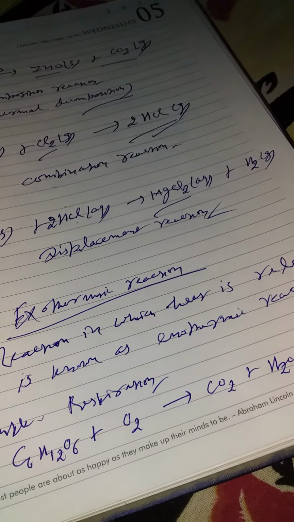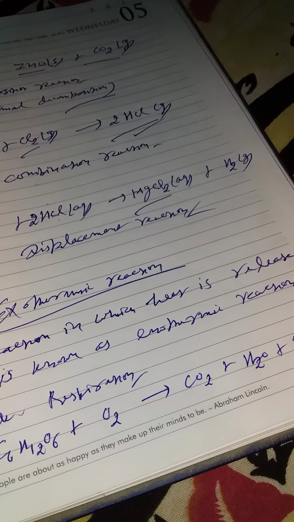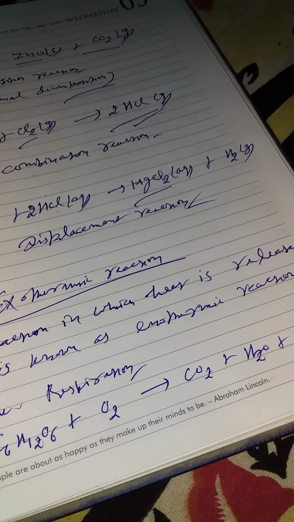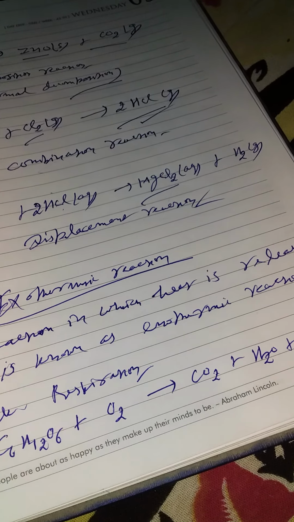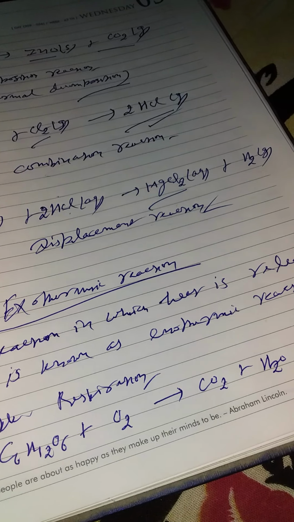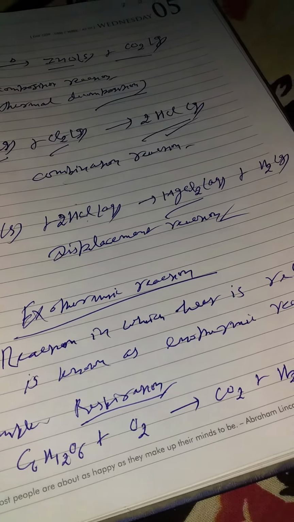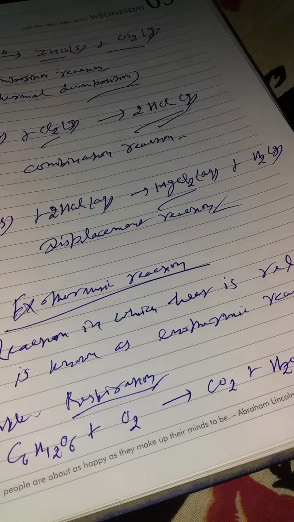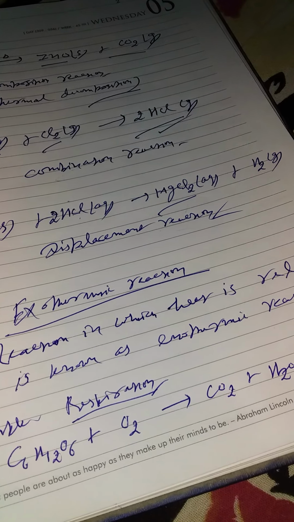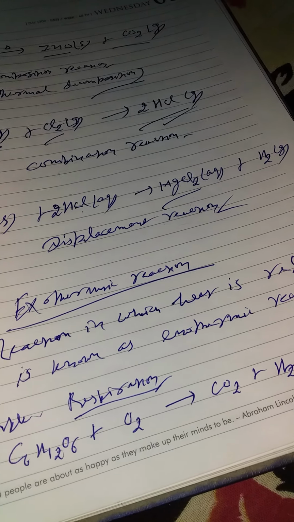This chemical reaction releases heat, and this heat is a form of energy, and this energy is the capacity to do work. So in the respiration process, after the reaction heat is released, so it is an example of an exothermic reaction.